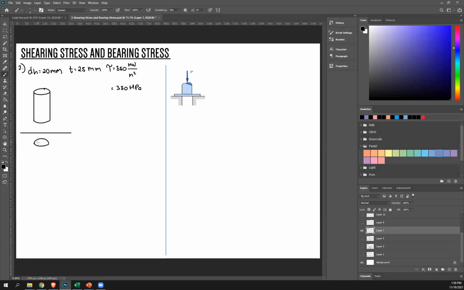And then that hole will be on this plate, with this thickness t. Therefore, this is the hole that we want. So that is what's happening. Now the question is, what force is needed?